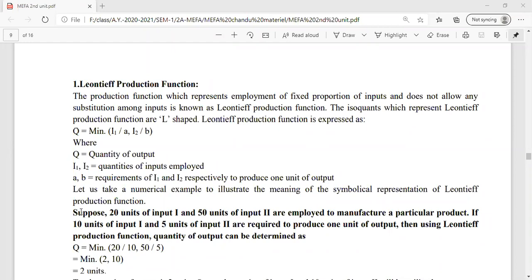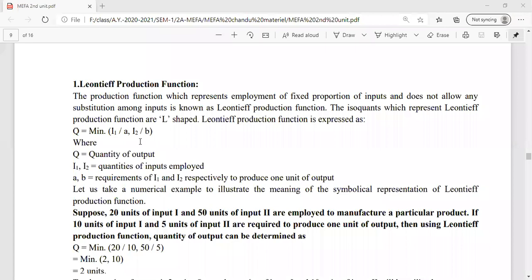Just to see the function here, Q is equal to minimum of I1 by A, comma, I2 by B. So what is Q? Quantity of output is Q. That means we are finding, with the given number of input combinations, how many outputs can be produced.